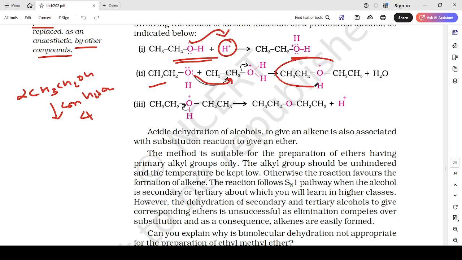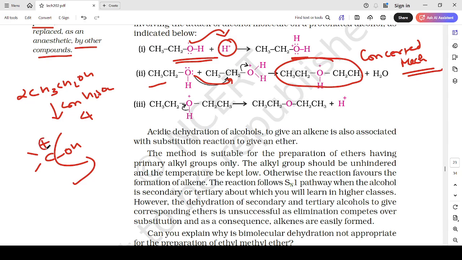This is a concerted mechanism where there is no intermediate formation. But in case I have a secondary alcohol, this will move out to form a carbonium ion. I repeat, the reaction follows the SN1 pathway with secondary and tertiary alcohol.